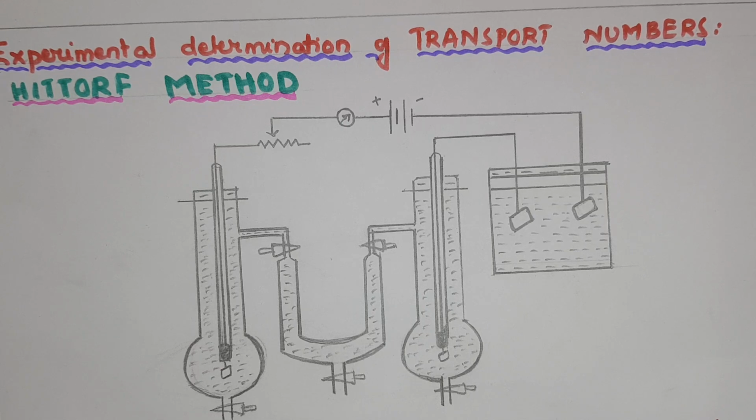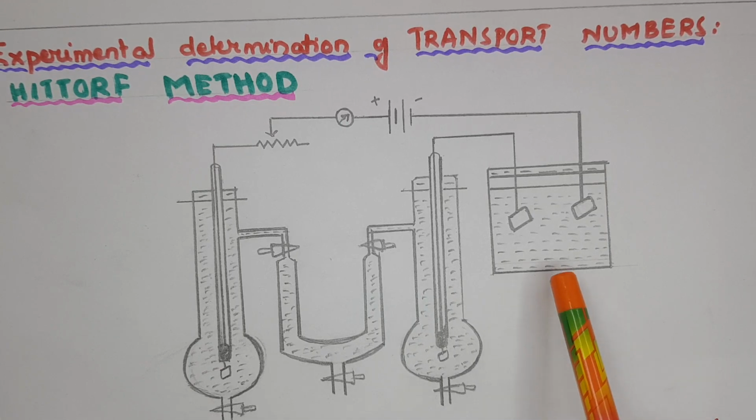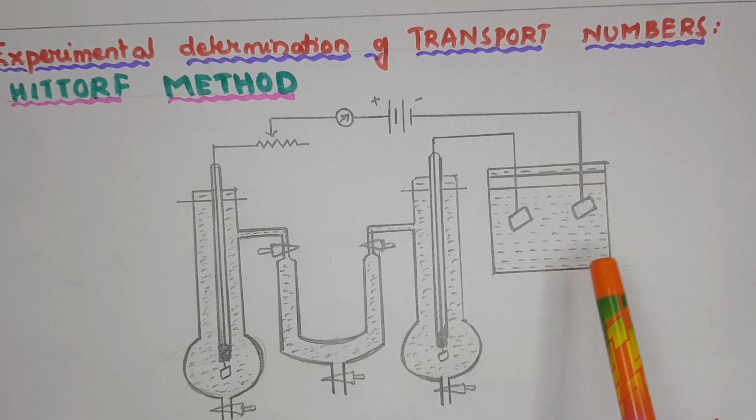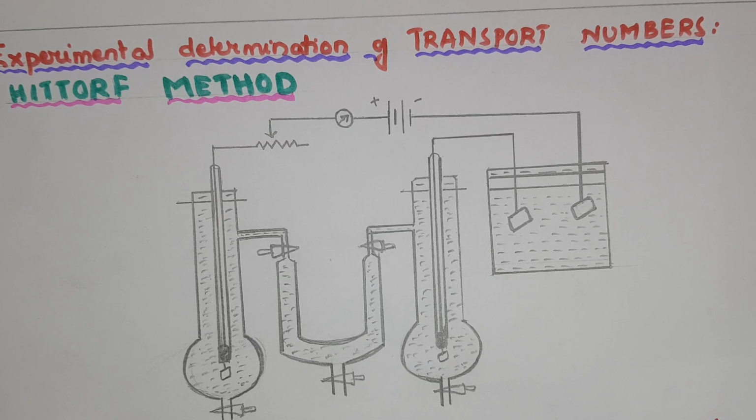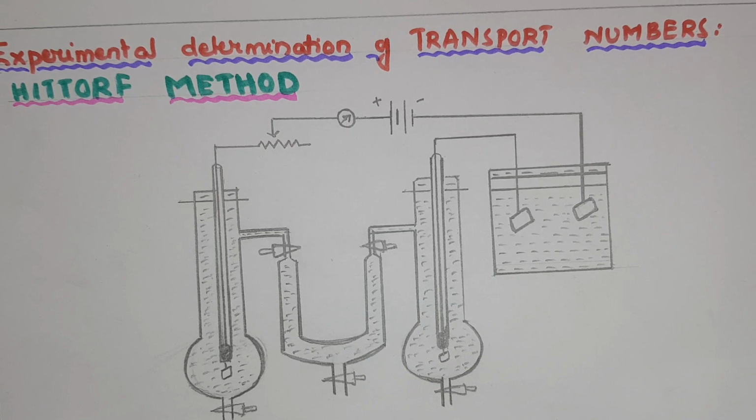So the purpose of the silver coulometer you must have understood, right? It is connected in series with these three compartments so that the same quantity of electricity passes through the coulometer also.